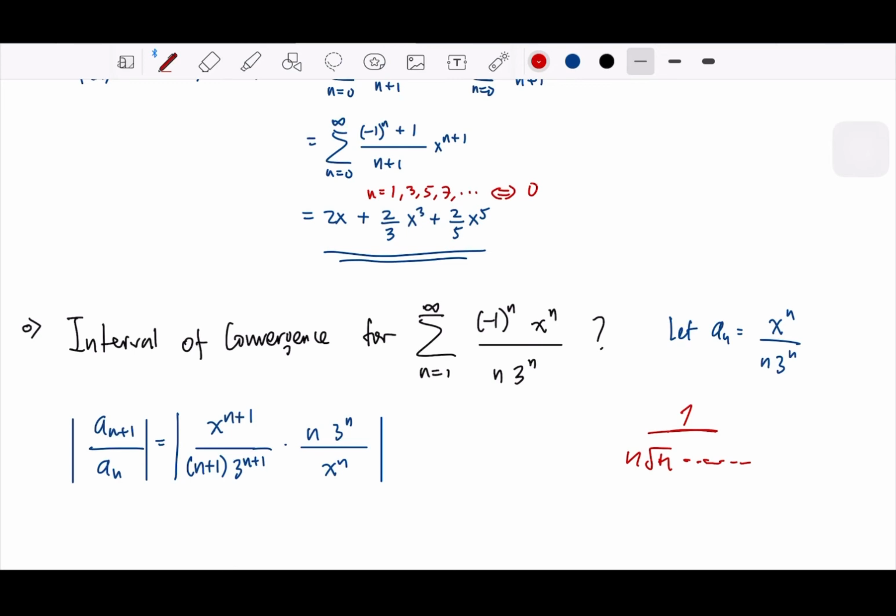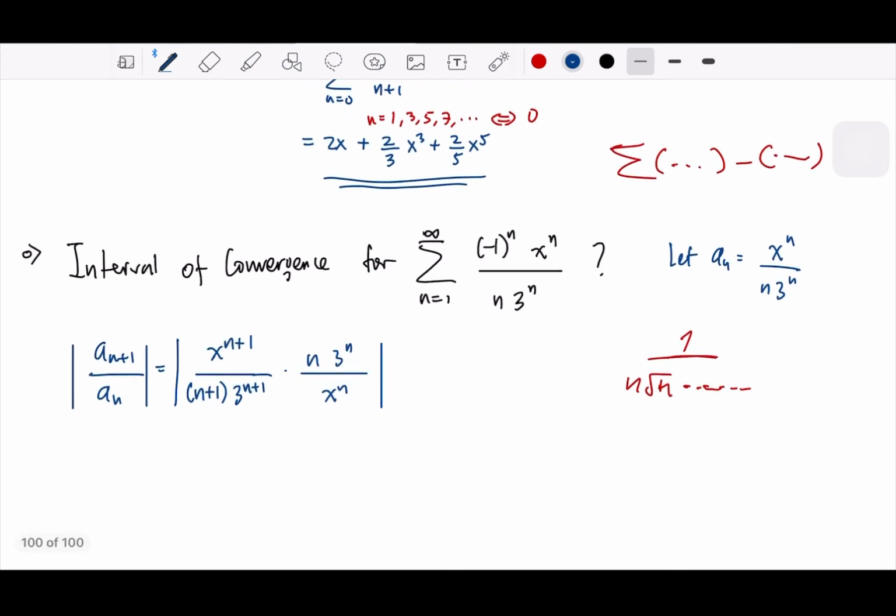If not easy, you can check geometric or p-series, or one way to solve is probably using the telescoping sum. Especially if the series has a form where you can make it something minus something, it's probably a hint to use the telescoping sum. Okay, now let me just finish this.